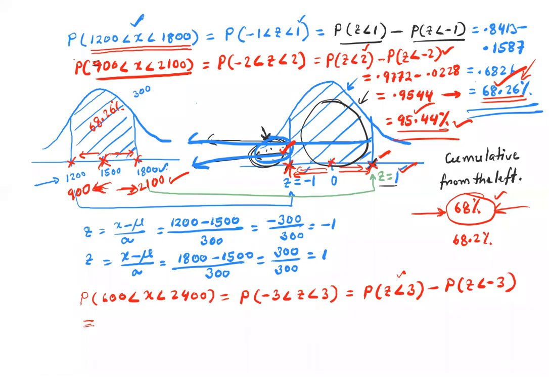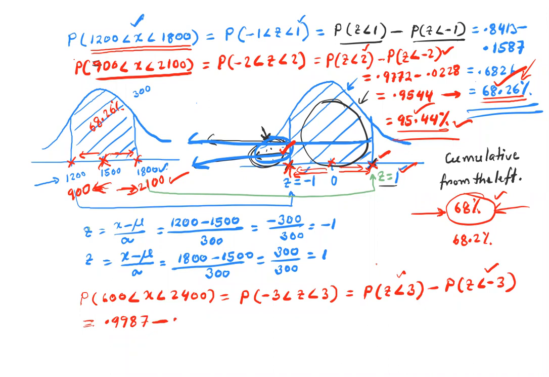0.9987. Okay, hold on. 0.9987 minus, for z is equal to -3, somebody else, please. 0.0013.